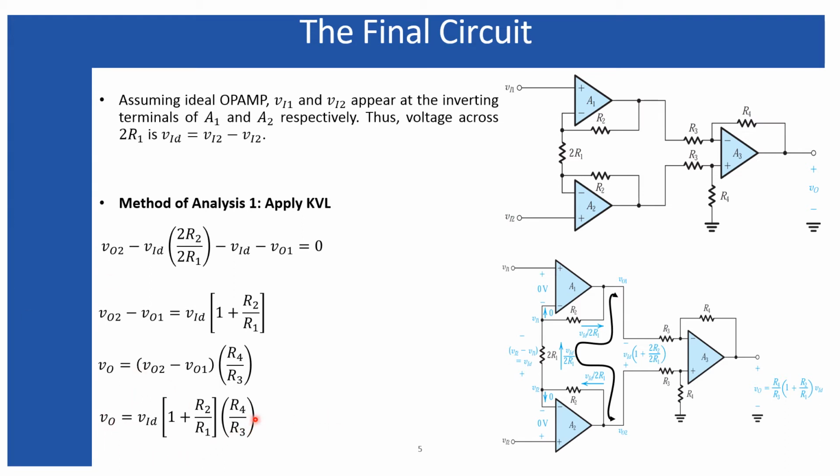Now look at here, we have overcome all the limitations because the signals are applied directly to the non-inverting terminal of the operational amplifier A1 and A2, and by doing that, these two signals are experiencing infinite input impedance of the operational amplifier, or we can say for the non-ideal case they are experiencing equal input impedance of the operational amplifier. In addition to that, the overall voltage gain V0 is including this R1 resistance in its expression.